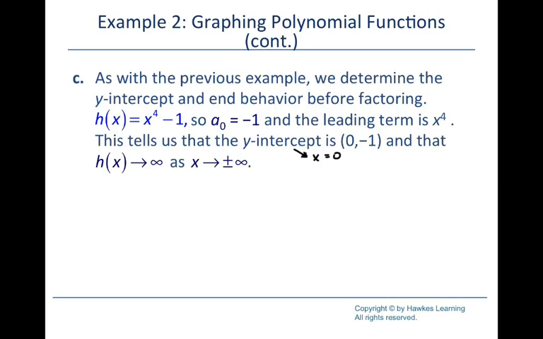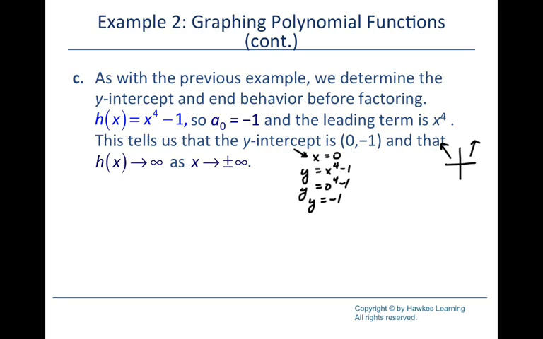So if I put 0 to the 4th minus 1, then we know that y is equal to -1. I can always just look at the last number, the one without the x, and that's where it's going to cross the y-axis. So (0, -1) is our y-intercept. It's an even exponent and a positive leading coefficient, so our end behavior is going to be up and up.